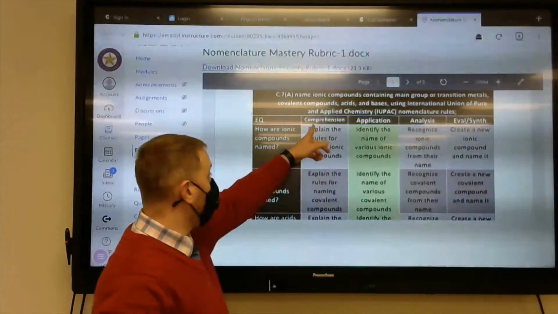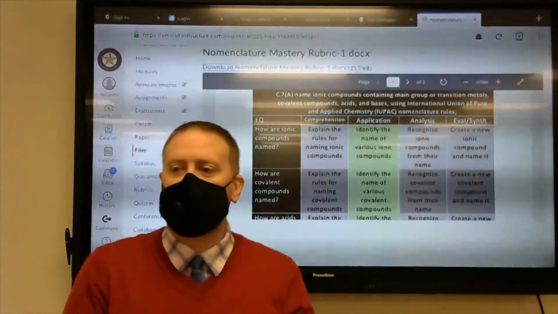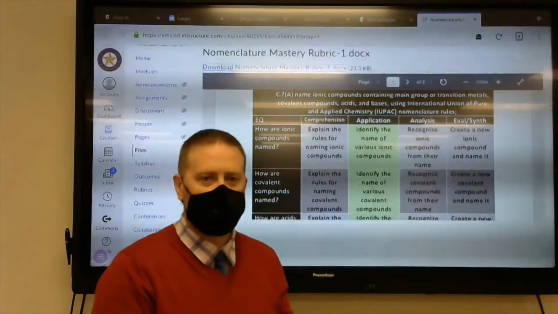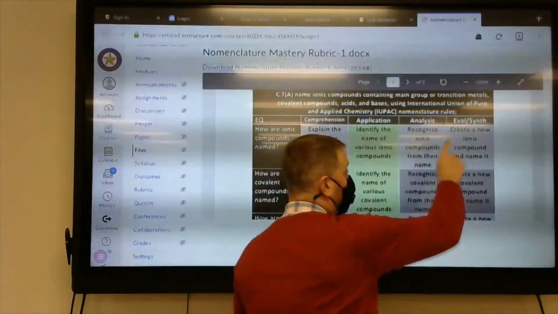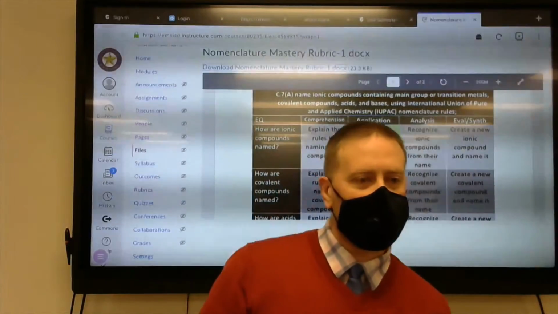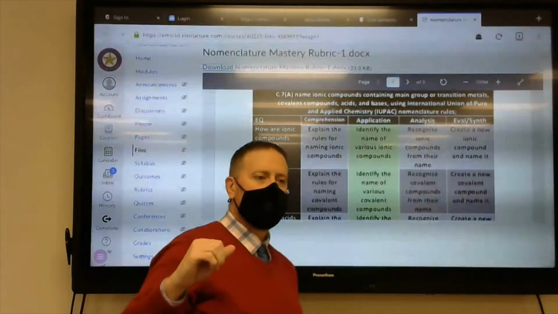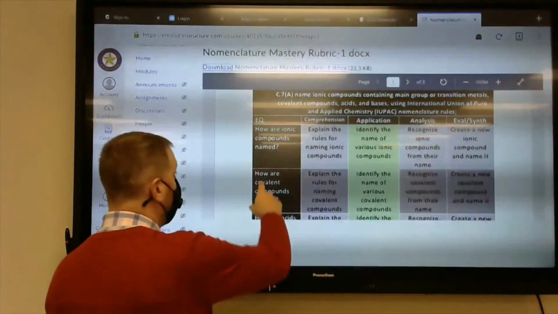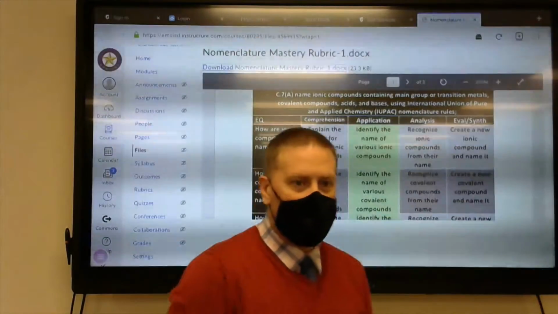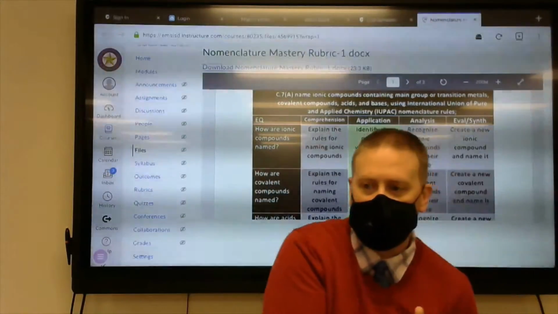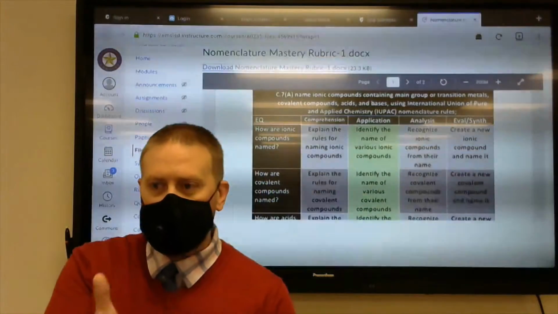So we start off here at comprehension. Those ones are simple mastery activities. And then over here on the other side, evaluation and synthesis, those are more complex mastery activities.